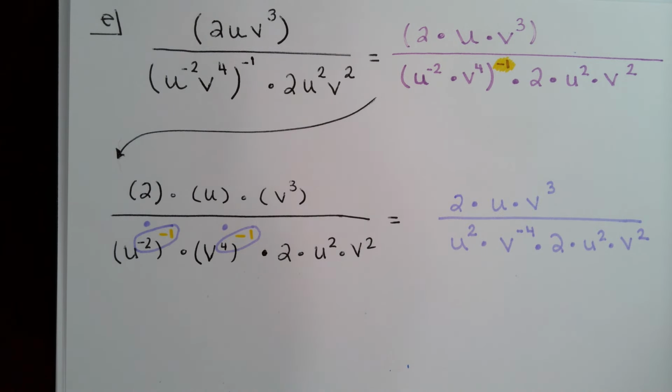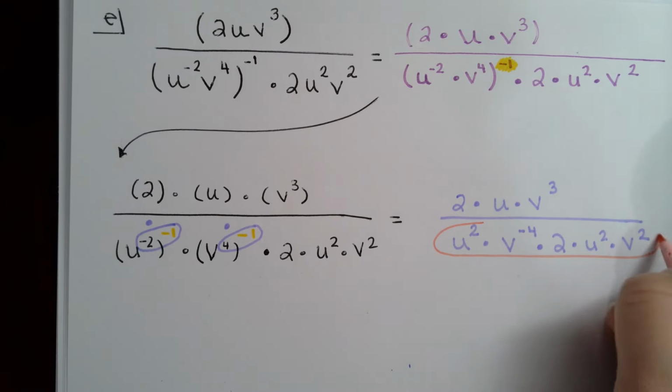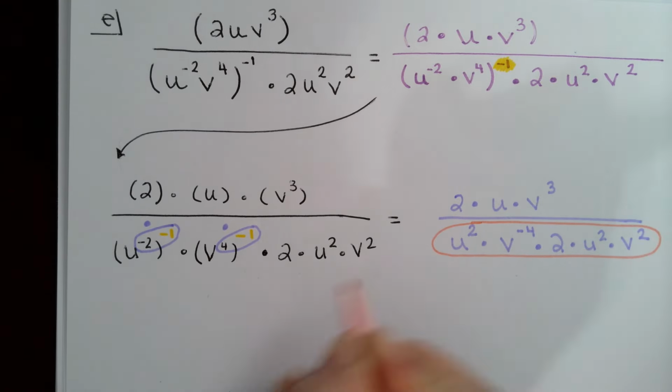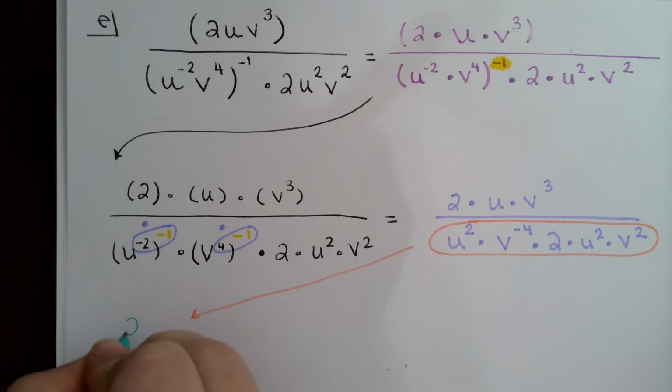Now here you have a choice. You can split up your fraction as a quotient property. I don't recommend that. Instead, I'm going to condense and make this smaller. So I'm going to rearrange the denominator.